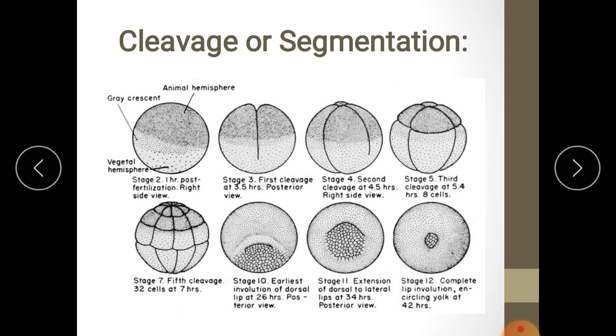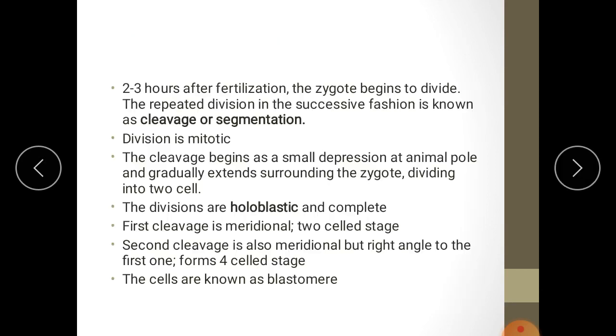These two cells are called blastomeres, and both blastomeres are almost equal in size. Therefore, the first cleavage of frog is holoblastic and equal division. So this is the first cleavage. First cleavage occurs 2 to 3 hours after fertilization.